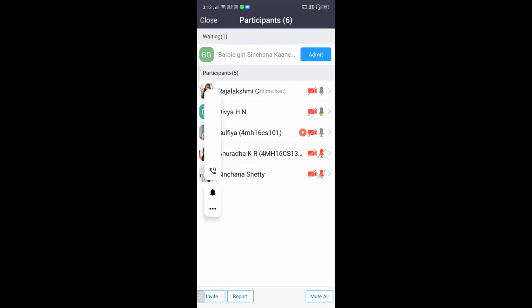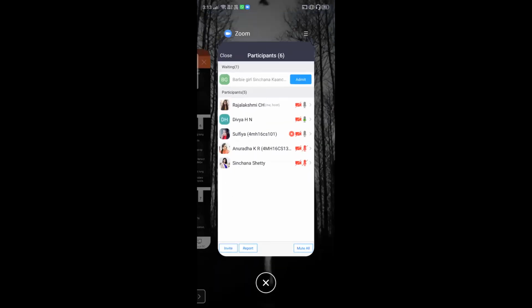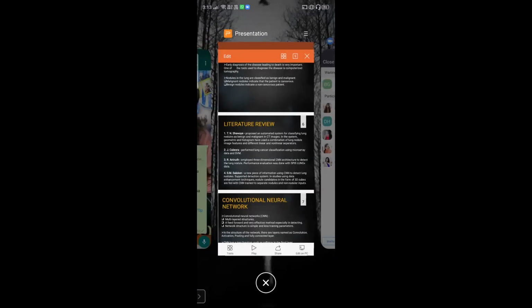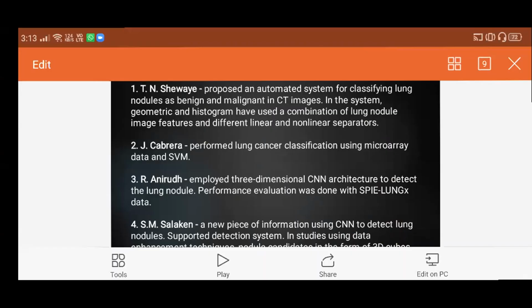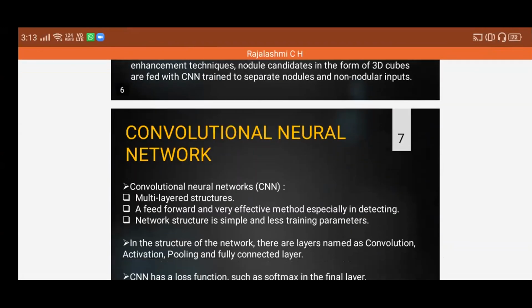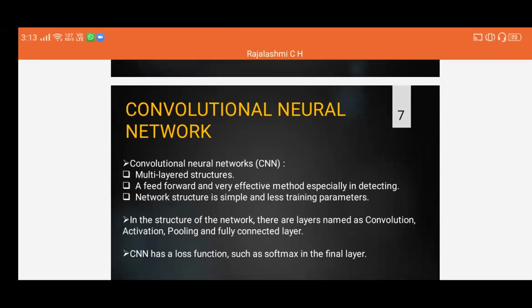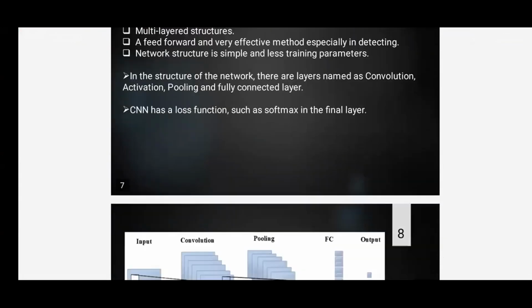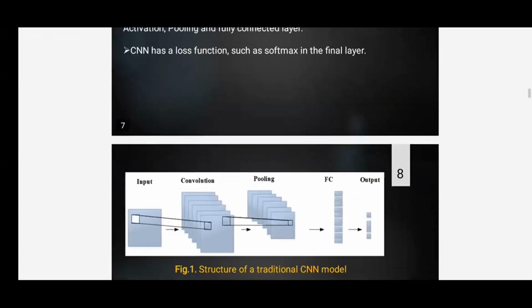Hello. Ma'am, can you hear me? I can hear you, but what is this? Ma'am, what happened? Show your slides. Yes. Okay. Shall I explain the literature survey or shall I go to... For the literature survey, directly go to convolutional. Yeah, seventh slide. Start from the seventh slide.